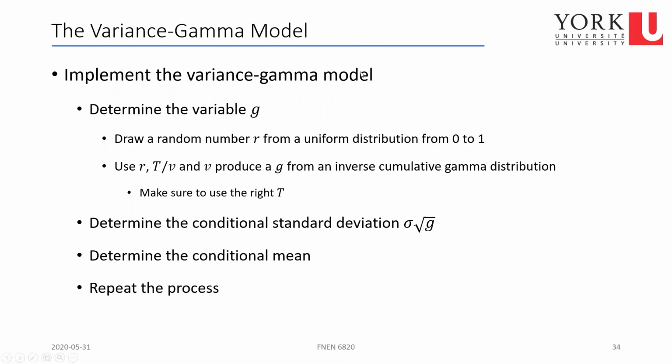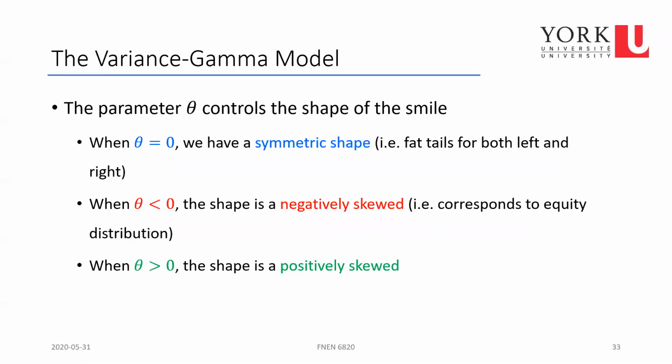And as mentioned earlier, although this is complicated, you can apply this to both the currency market and the stock market by assuming different values of theta. If theta is 0, you apply this to the currency market. If theta is less than 0, you will apply this to the equity market.